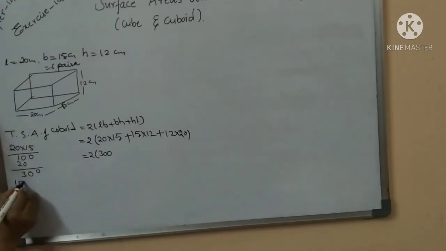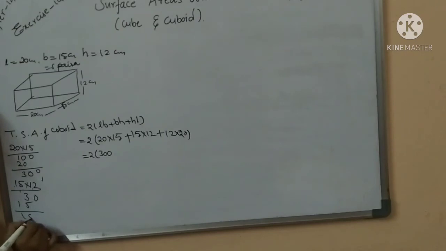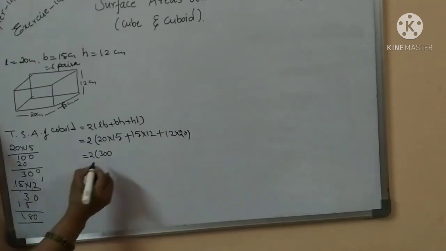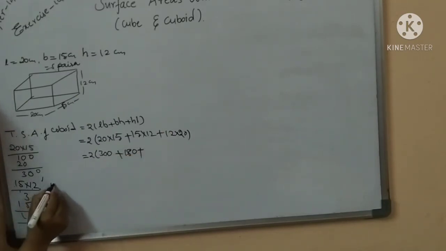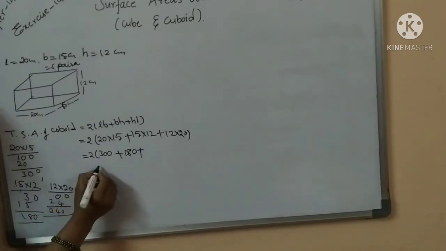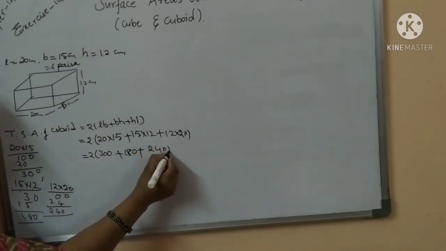Next, 15 into 12 is 180. Plus 12 into 20 is 240.